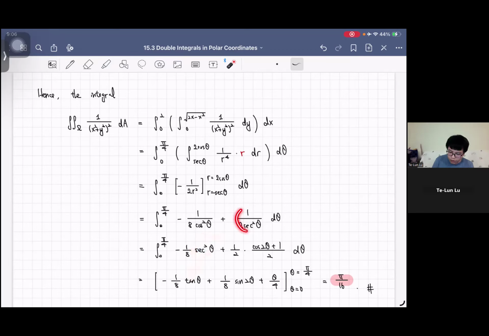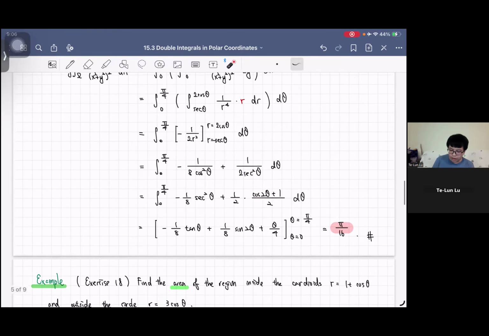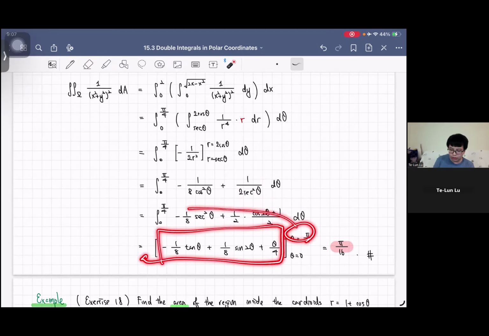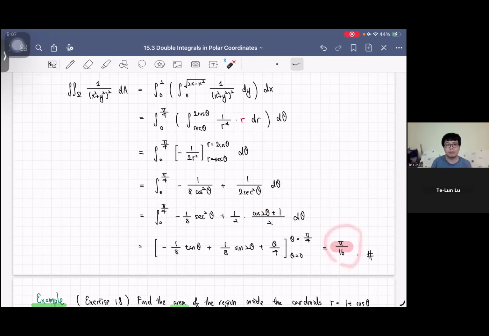And this guy is again 1 over 2 cosine squared. So cosine squared can be reduced into cosine 2 theta plus 1 divided by 2. We have done this a million times. So at the end of the day, we get the antiderivative being in this format, and we plug in theta to be pi over 4 and theta to be 0. Whereas we get the final answer to be pi over 16.